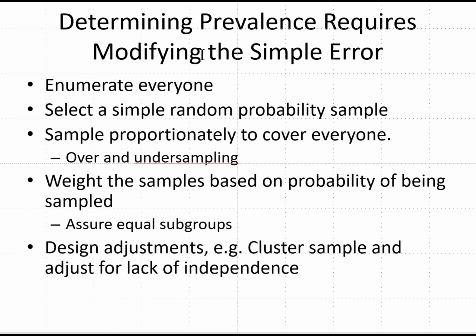And so if you just sample straight out probability, you're going to get mostly nurses. So you actually want to undersample the nurses. That is, not just do it if 60% or 40% of the staff are nurses, you only want to maybe have 20% of your sample be nurses.